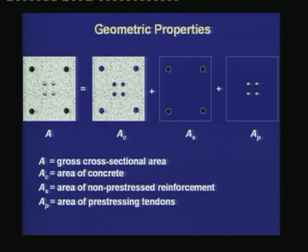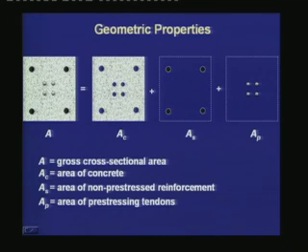We shall be using some geometric properties in the analysis and design of members for axial tension. On the left side, we see the cross section of a typical member prestressed for axial forces. The total section is represented by A. This section is broken up into three components.